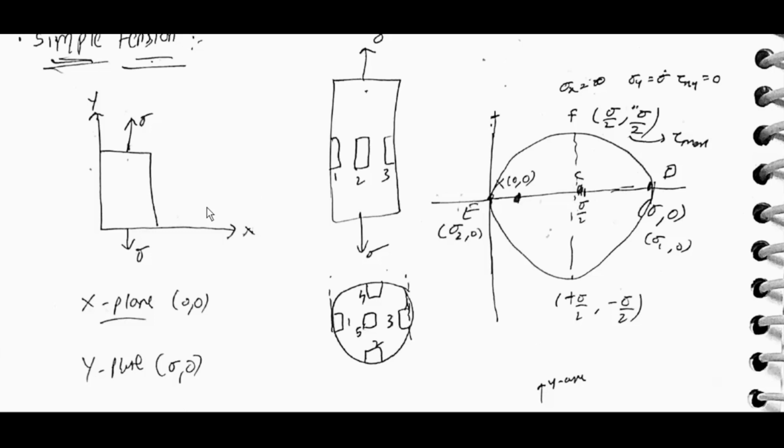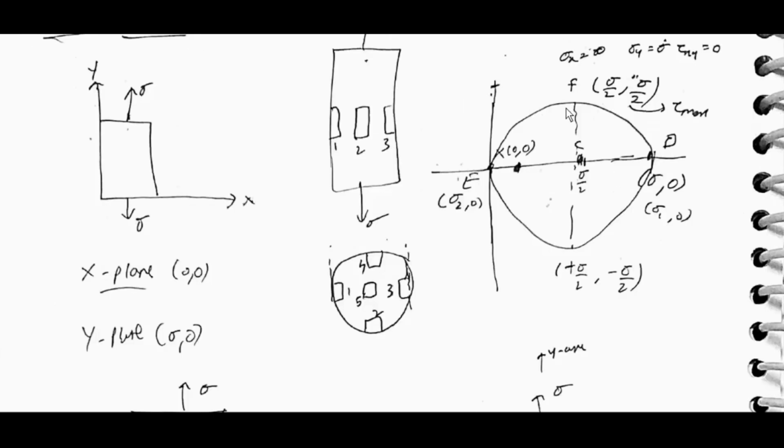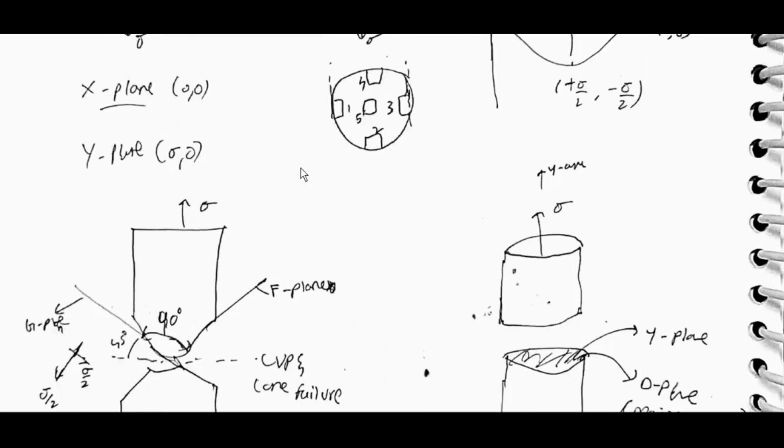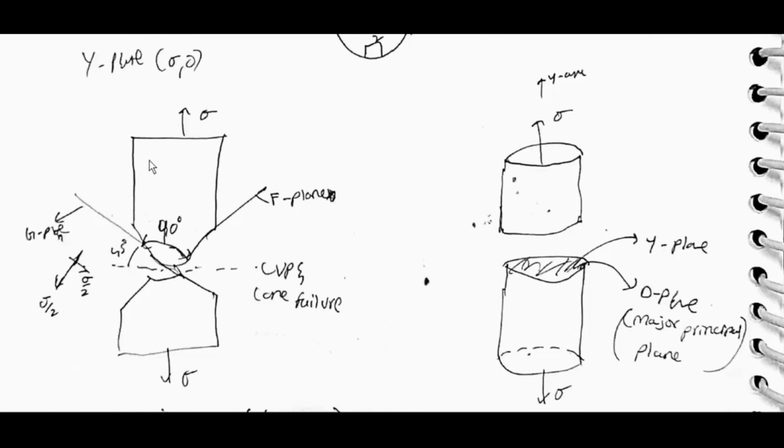The x plane and y plane are 180 degrees apart on the circle, which is 90 degrees apart physically. Draw a circle joining these two points, with center sigma by 2 and top point sigma by 2 comma sigma by 2. This is the G plane and this is the F plane.